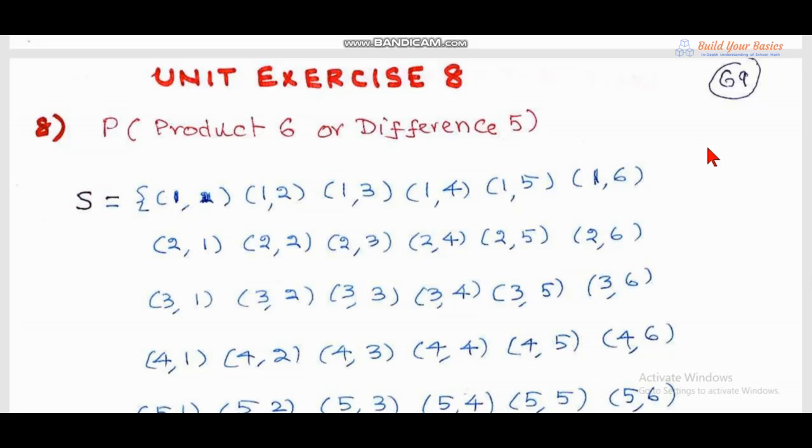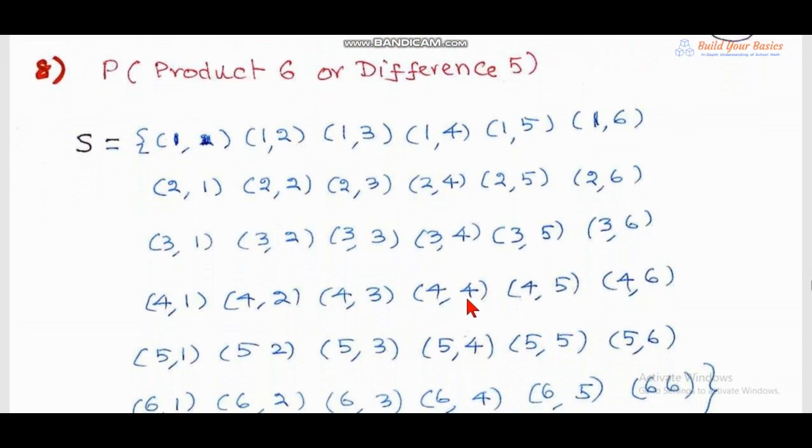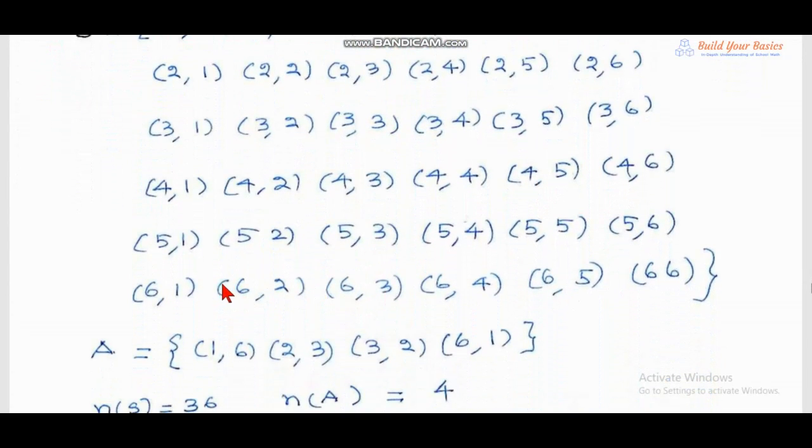Sample space may be written as 1 1, 1 2, 1 3, 1 4, 1 5, 1 6, 2 1, 2 2, 2 3, 2 4, 2 5, 2 6, 3 1, 3 2, 3 3, 3 4, 3 5, 3 6, 4 1, 4 2, 4 3, 4 4, 4 5, 4 6, 5 1, 5 2, 5 3, 5 4, 5 5, 5 6, 6 1, 6 2, 6 3, 6 4, 6 5 and 6 6.